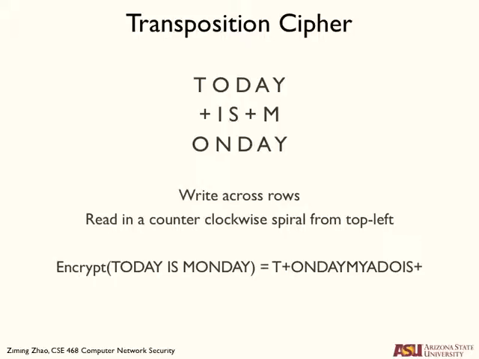So the ciphertext will be T plus O N D A Y. So we have the plaintext, then we have the ciphertext. You can see that we're not even substituting any letter here. We're just changing the order. Obviously, we have to share how we are going to encode this with the receiver.